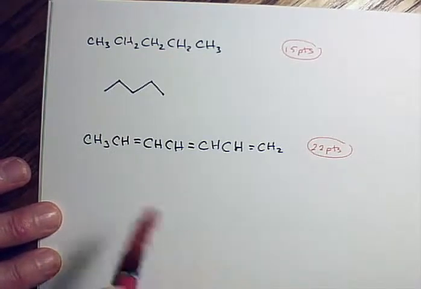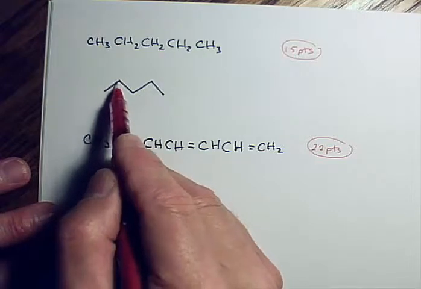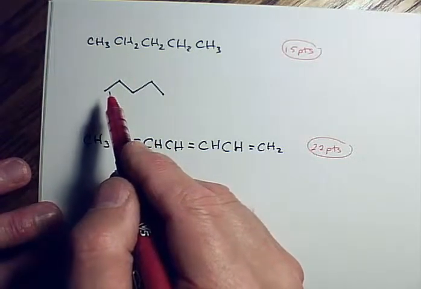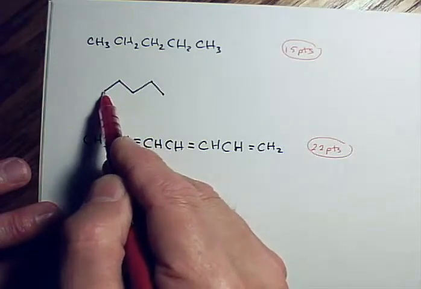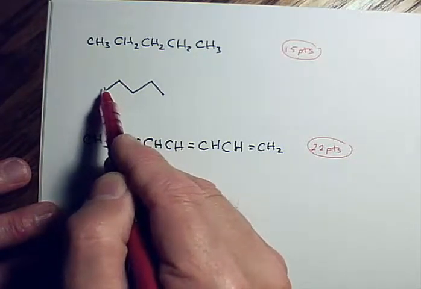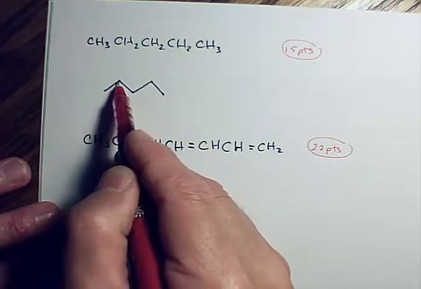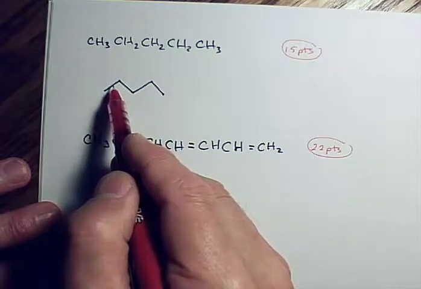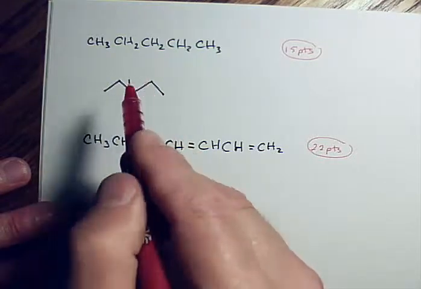Okay, so at each of the ends of the line and every corner there's a carbon, and you have to be able to figure out how many hydrogens belong there. On this carbon on the end, there's 1 bond, so there are 3 hydrogens. And this carbon here has a bond going to the left and the right, so there are 2 bonds already, so this carbon needs 2 hydrogens. So you infer the number of hydrogens based on the structure that you have here.